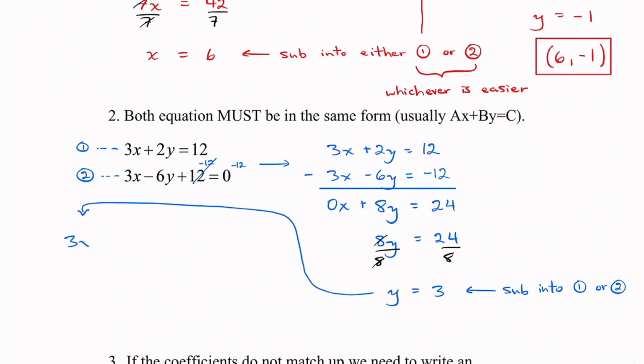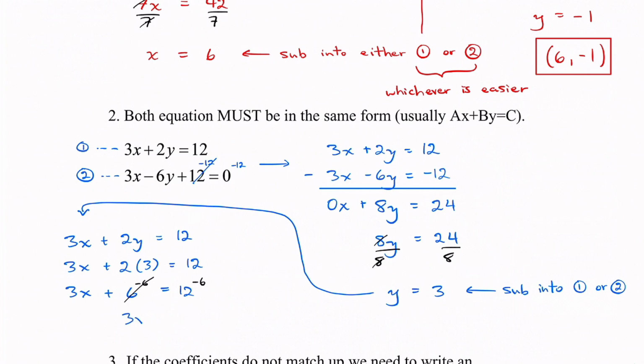So I have 3x plus 2y equals 12, and then the y is going to change. So it's 3 times x plus 2 times y, but y we found was a 3. And then we can simplify and solve this. So it's 3x plus, and then 2 times 3 is 6. And then we got to get rid of that 6. So we will subtract 6. My 6's will cancel.